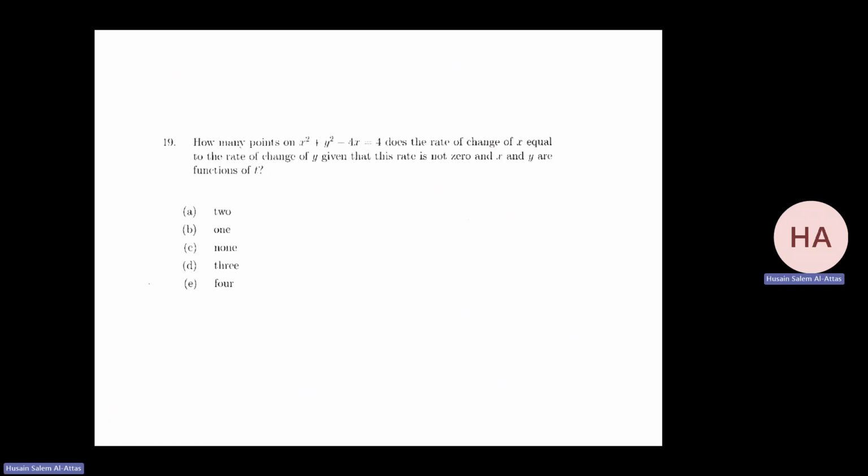At how many points does the rate of change of x equal the rate of change of y, given that this rate is not 0, and x and y are functions of t? So what he wants is the rate of change of x equal to the rate of change of y, so dx by dt equal dy by dt.